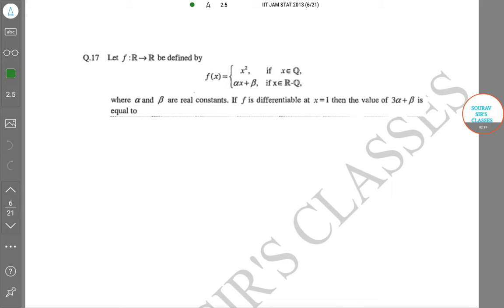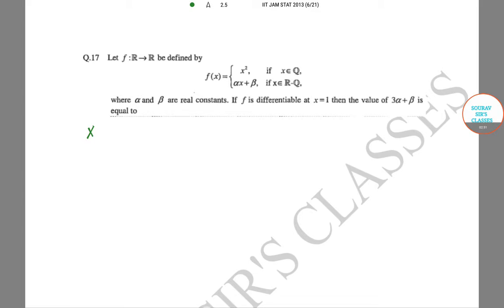Let f from R to R be defined by f(x) equal to x square if x is rational, alpha x plus beta if x is irrational, where alpha and beta are real constants. If f is differentiable at x equal to 1, then the value of 3 alpha plus beta is equal to what? Firstly, f is differentiable at 1, so f has to be continuous at 1.